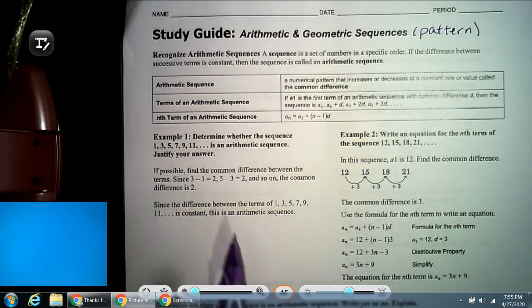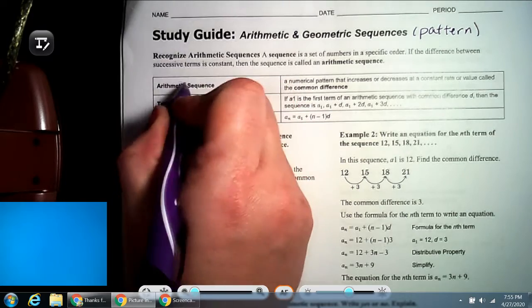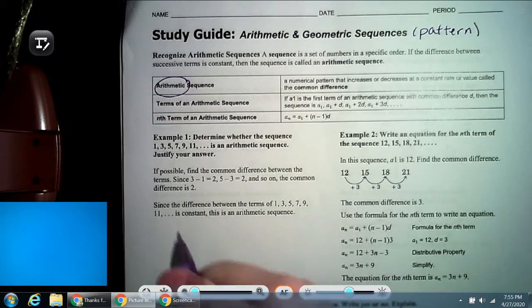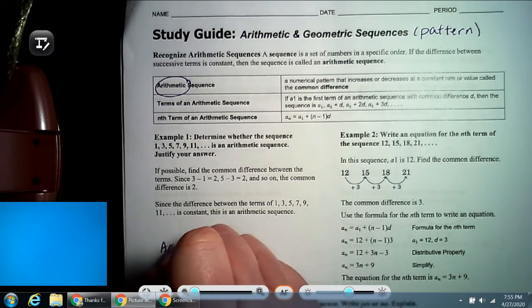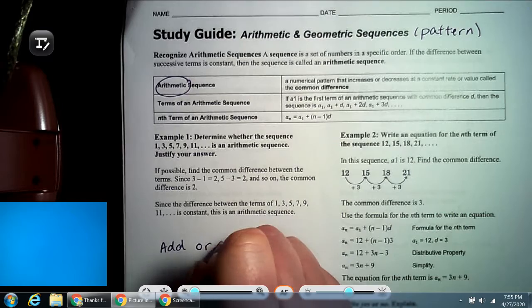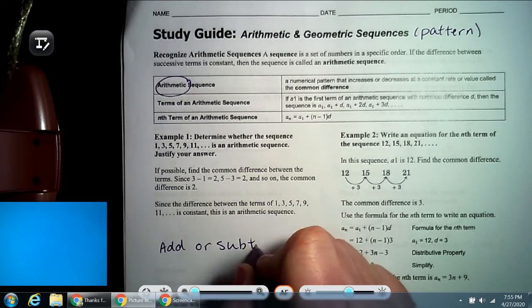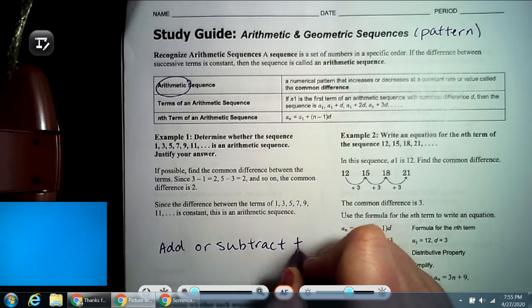An arithmetic sequence is the first one we're going to talk about. If it is arithmetic, it means we are going to add or subtract the same number every time.